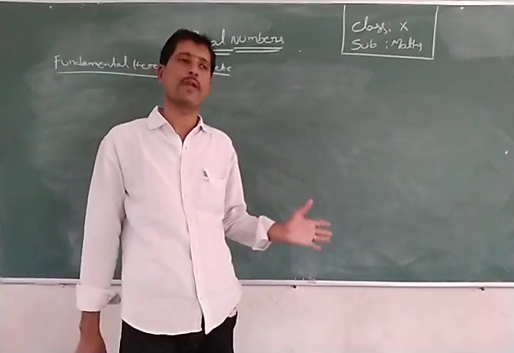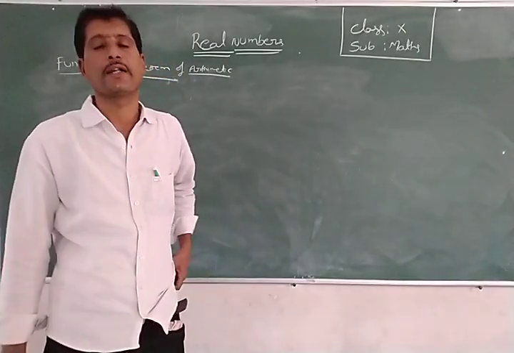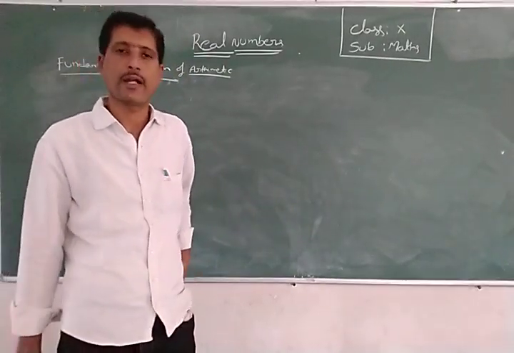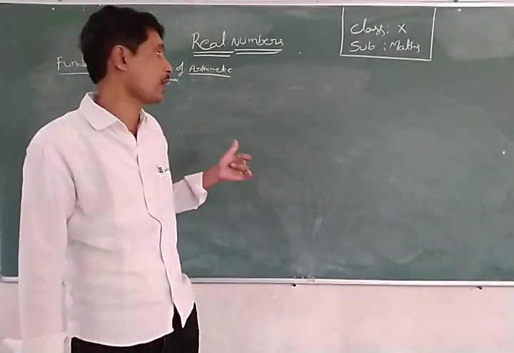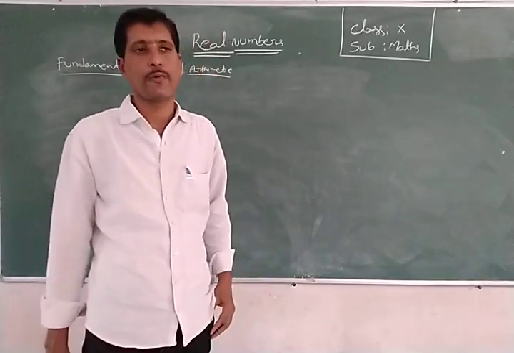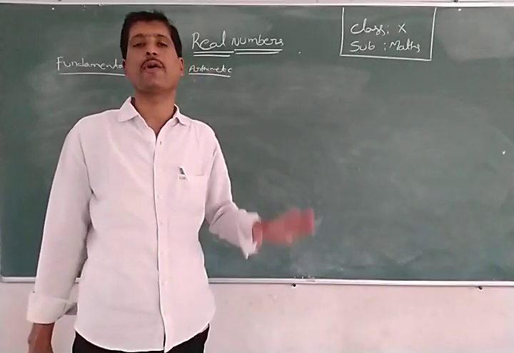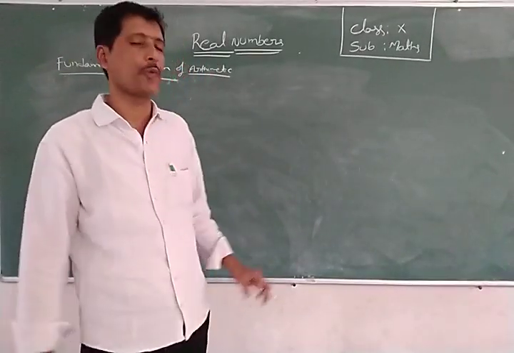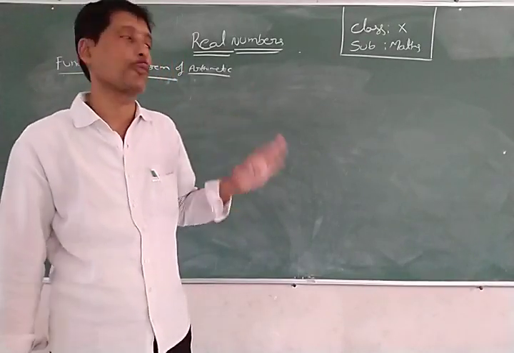From 1 to 10, how many prime numbers? They are 2, 3, 5, 7. One is neither a prime number nor a composite number. Next, a composite number: a number having at least 2 factors or more than 2 factors, that is, a minimum of 3 factors, is called a composite number. The least composite number is 4, having factors 1, 2, 4.